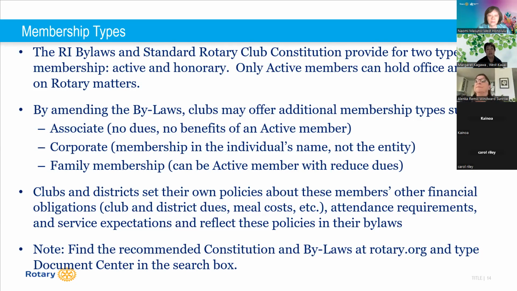Okay, and then at the club level, you can amend the bylaws and offer additional membership types like associate member, corporate member, and a family membership member. So it's really up to the club what the requirements are for each level, whether they are to pay dues or not, or if attendance is mandatory, or whatever else the club wants to do.